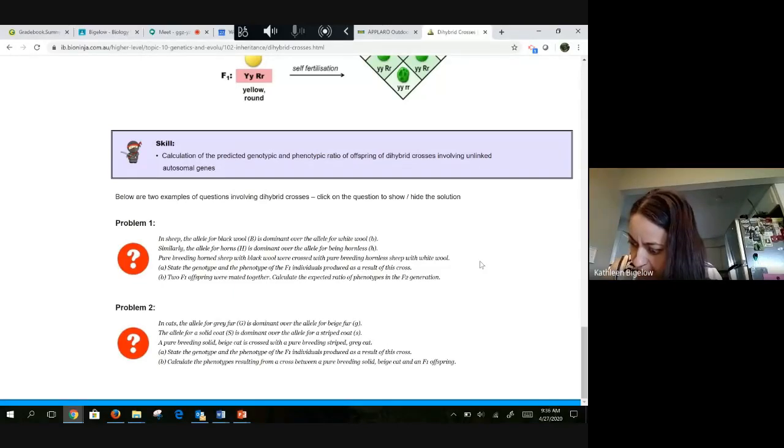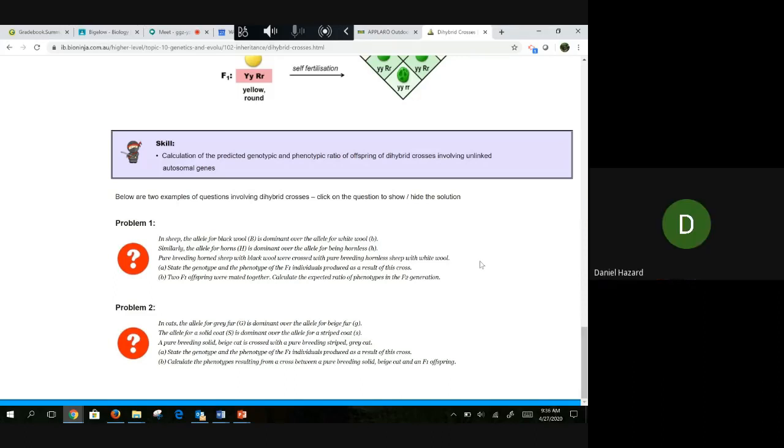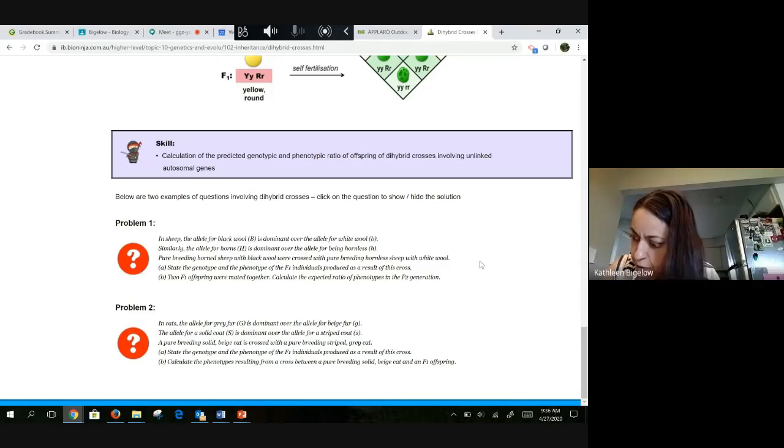I don't know why. This is a tricky one because all the letters are different, so you really have to calculate every square.